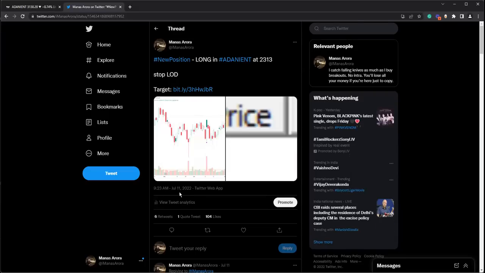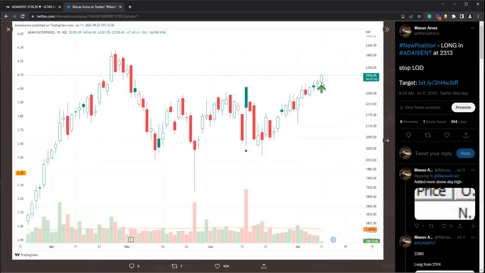So this was 11th July 2022. I bought Adani Enterprises at 2313 with a stop at the LOD. LOD stands for low of the day. So the stop was here, which was around 1%.